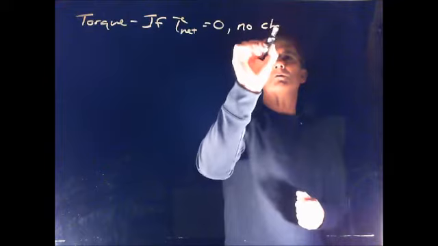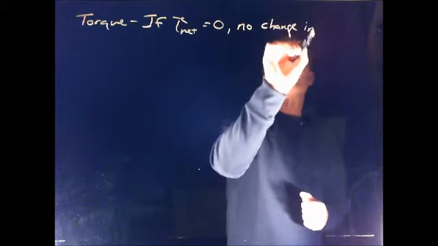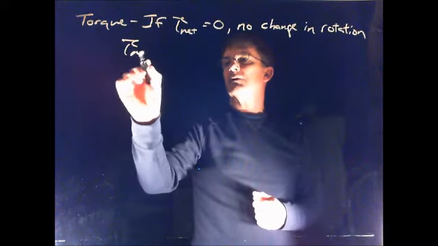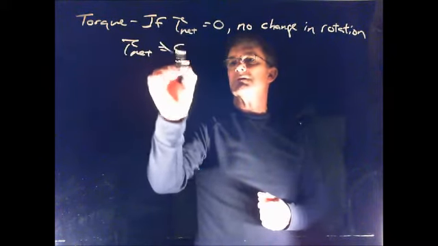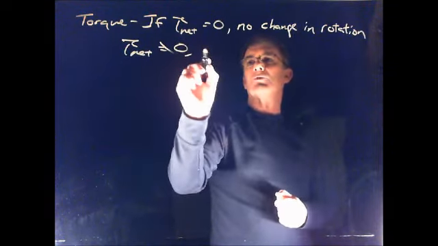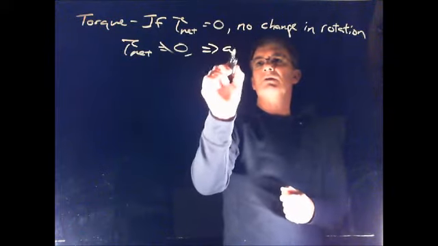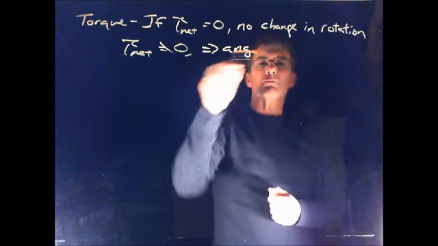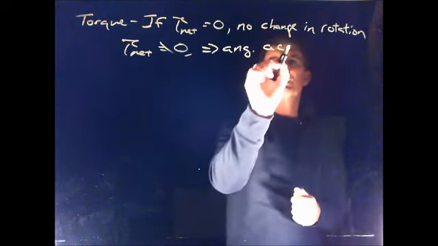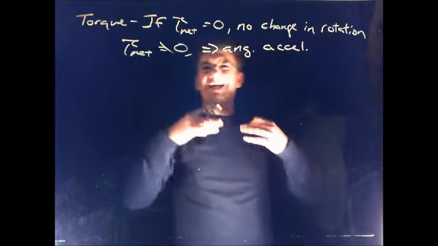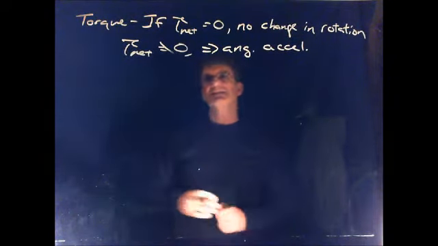No change in rotation. And if the net torque is not 0, we're going to have an angular acceleration. That results in an angular acceleration, so our rotational motion changes. Analogous. Same idea as with force.